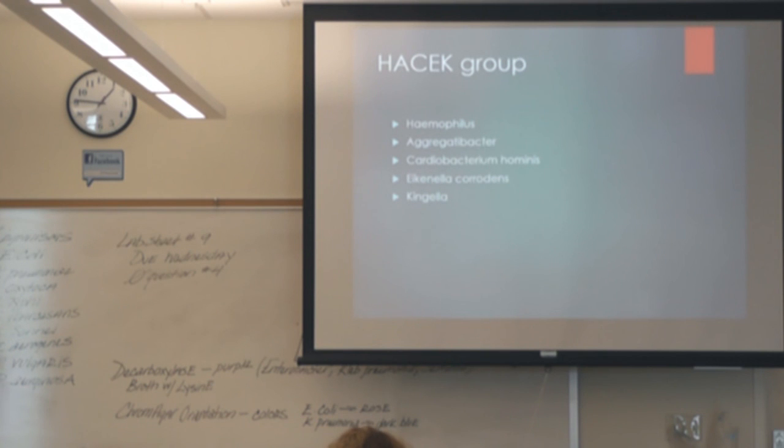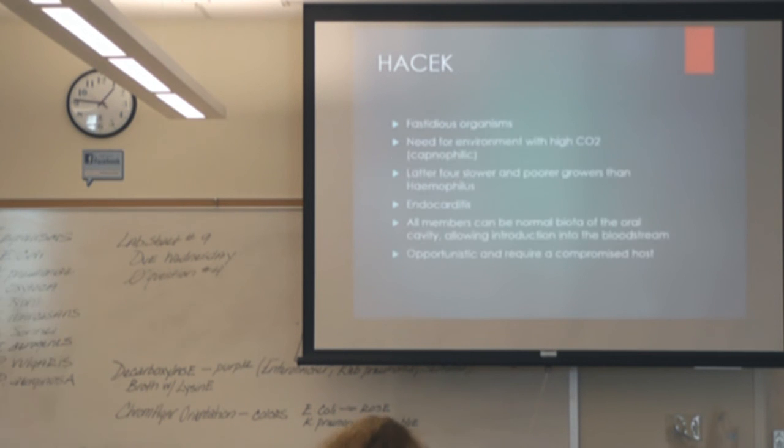Remember, gram-negative bacilli, and they're going to have an increased need for CO2. In general, fastidious organisms with high CO2 needs are actually going to grow slower and are poorer growers than Haemophilus, which is kind of interesting, because Haemophilus is quite hard to grow in itself.